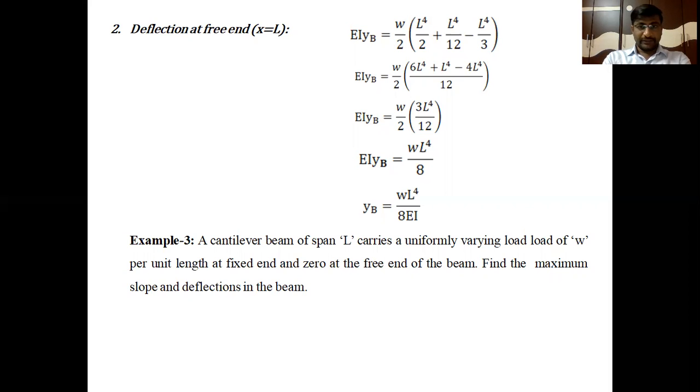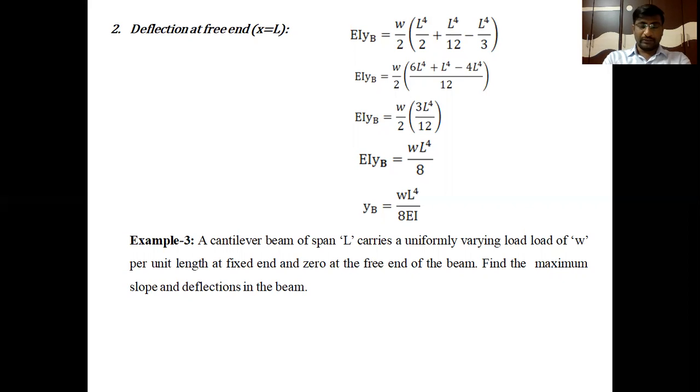Okay, students? Generally, at what point do the maximum slope and deflections occur in the cantilever beam? In a cantilever beam, the maximum slope and deflections occur at the free end.